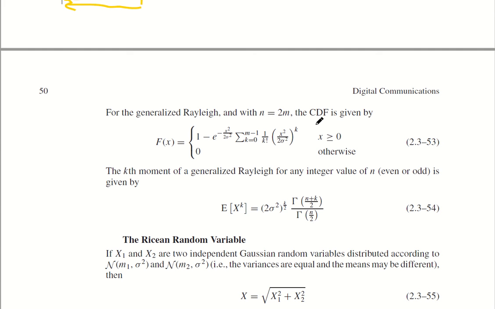Okay, and for generalized Rayleigh, if you have n to be even, n equal to 2n, then the CDF is given by something like this. F of x is equal to 1 minus exponent minus x squared over 2 sigma squared, times the summation k from 0 to n minus 1 of 1 over k factorial times (x squared over 2 sigma squared) to the k, for x larger than 0, and 0 otherwise.